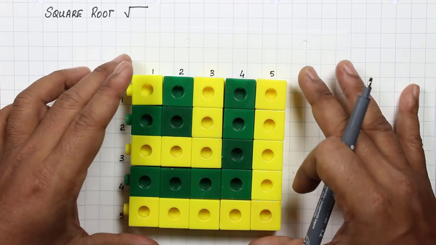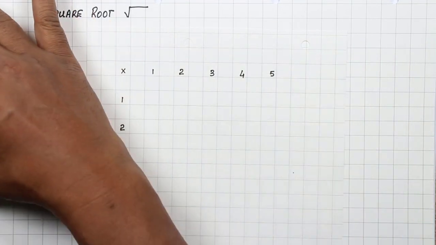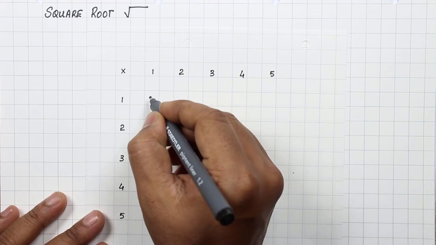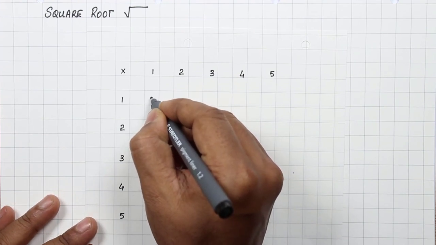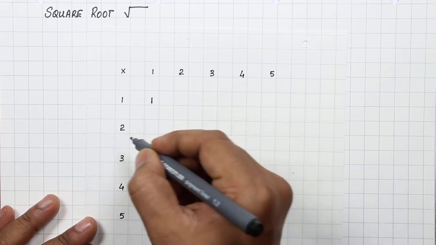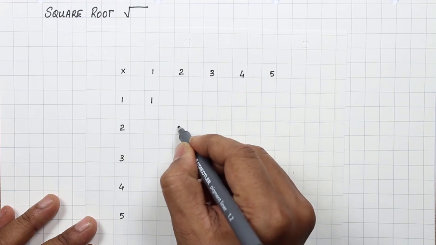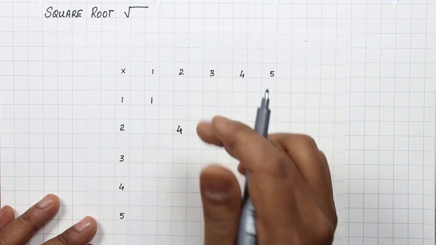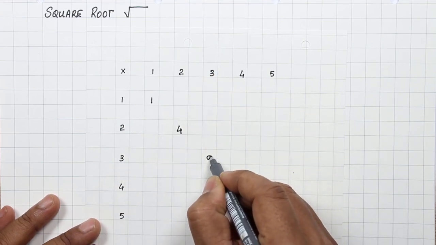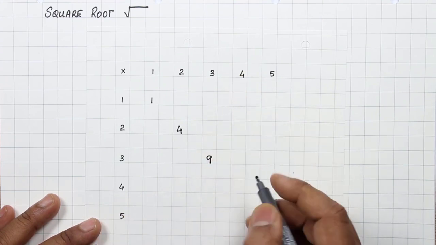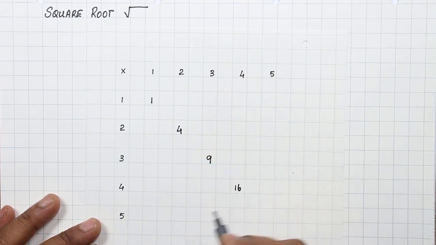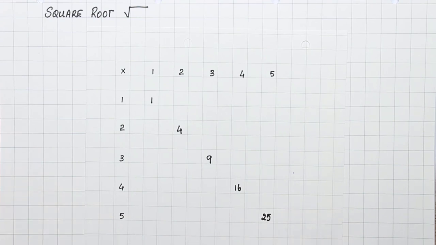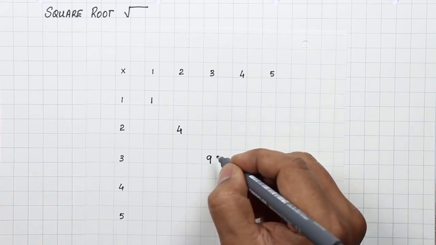Now looking at this geometrical representation, if you look at the numbers here, this is 1 times 1, which is 1, and 2 taken 2 times gives you 4, and 3 times 3 is 9, and 4 times 4 is 16, and 5 times 5 is going to be 25. Now just look at this number here.